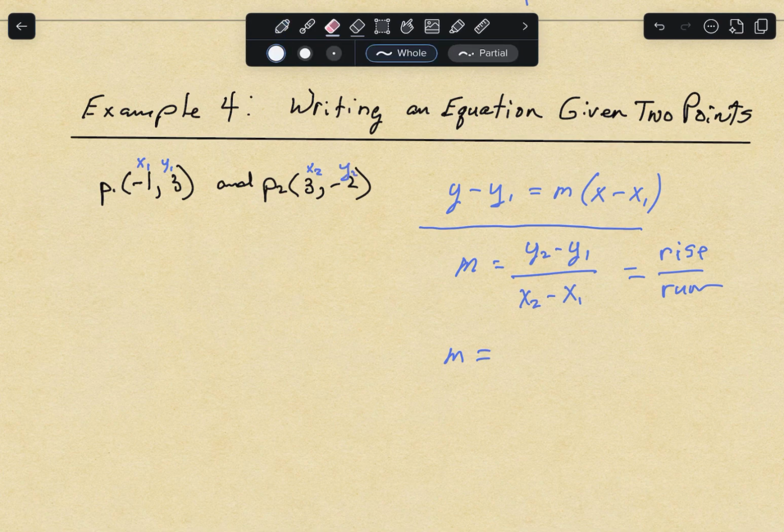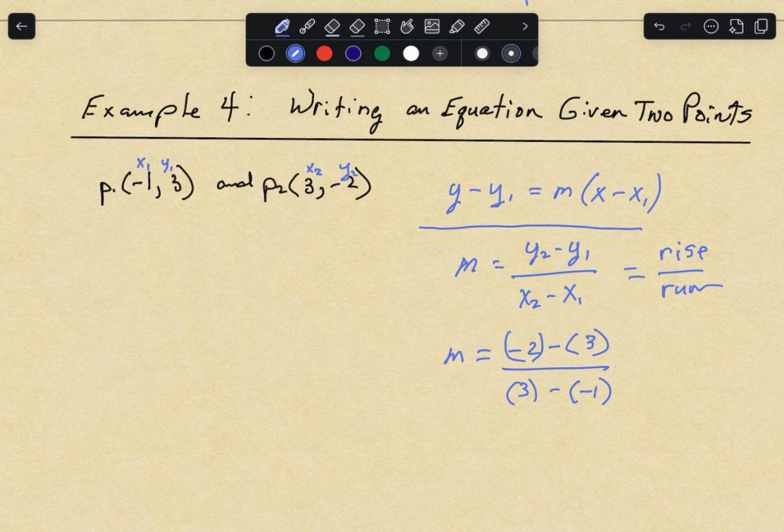And plug everything in. Y sub 2 is minus 2. Minus 2 minus, and I like to put these in parentheses because it keeps it from getting confusing, minus y sub 1, which is 3. And then we take over x sub 2, which is 3, minus x sub 1, which is negative 1.